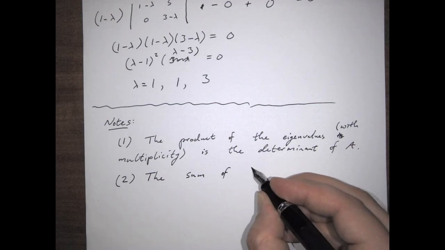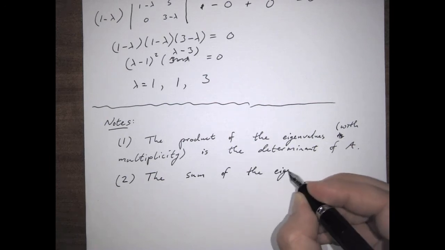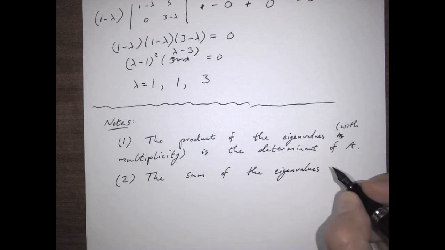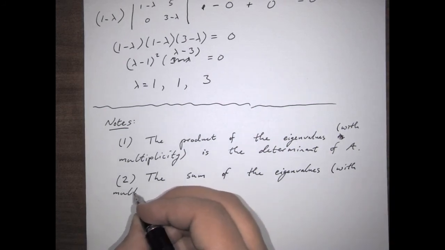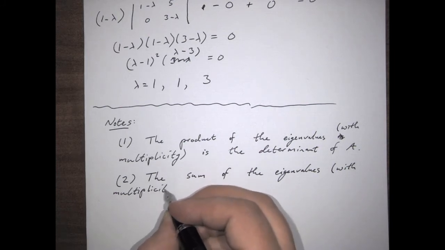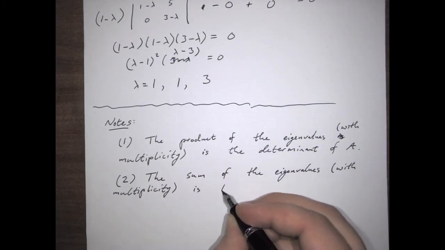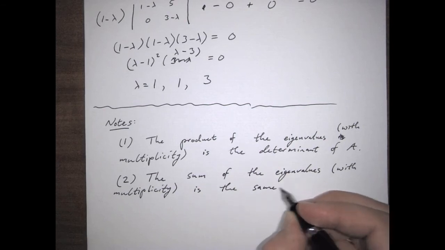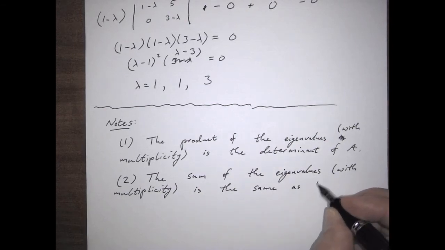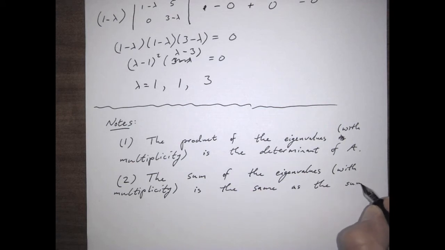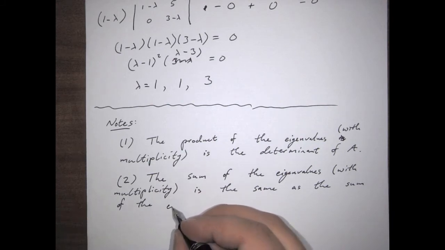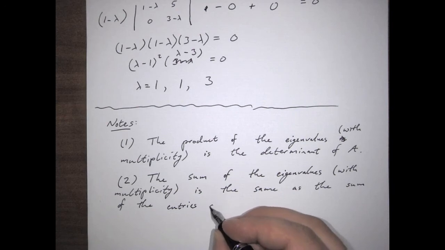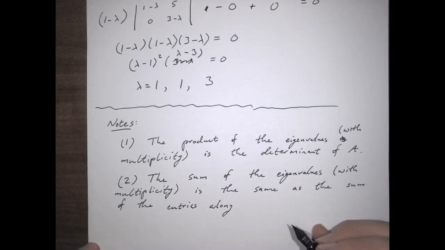Two. The sum of the eigenvalues, again with multiplicity, is the same as the sum of the entries along the main diagonal.